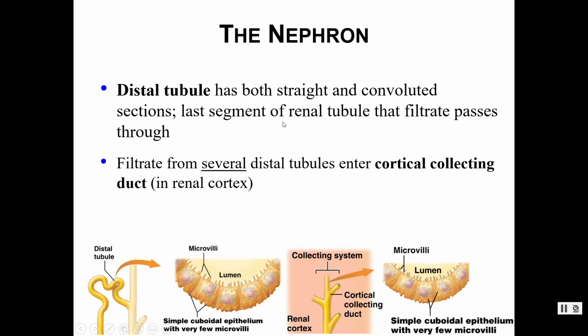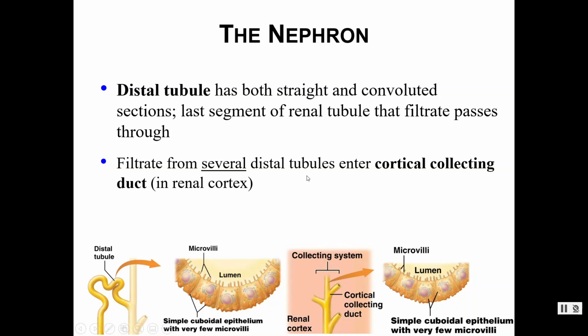All right, the last section, we've got the distal tubule. Again, also sometimes called the distal convoluted tubule, so the DCT. This has both straight and convoluted or coiled parts. And this is the last segment where filtrate will pass through before entering into the collecting ducts.